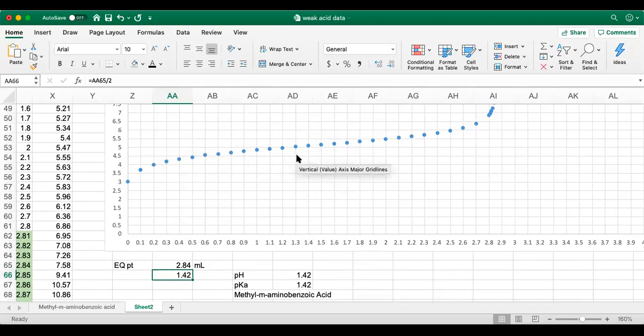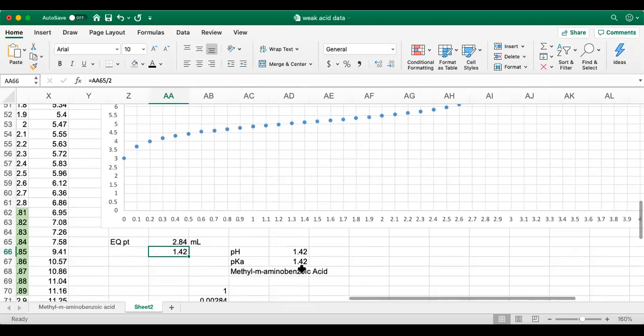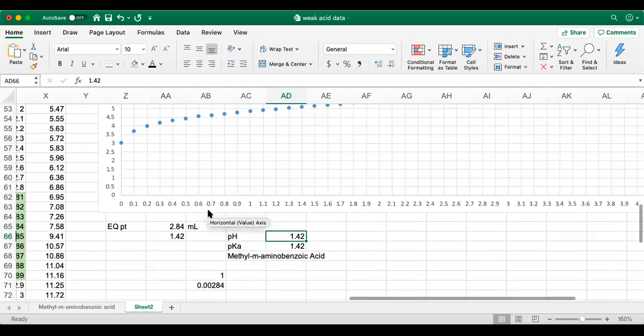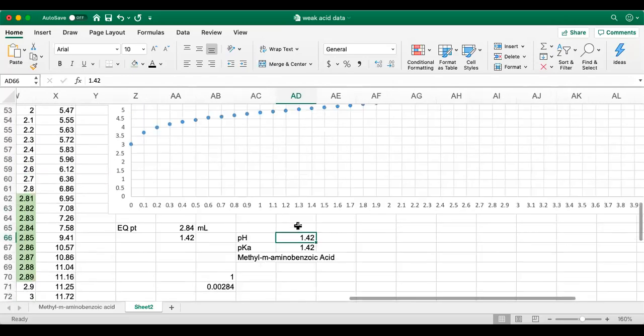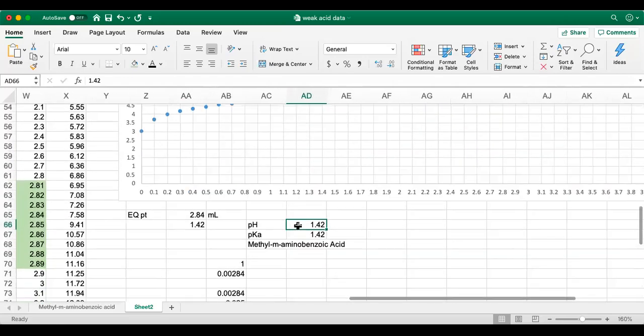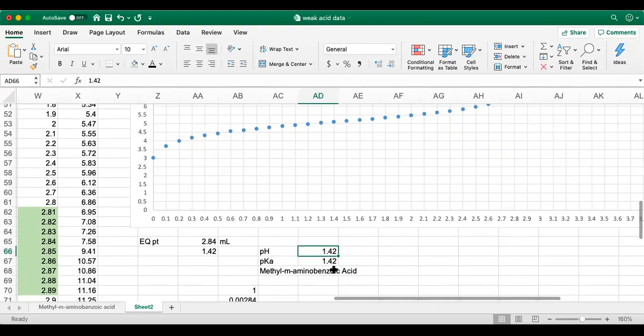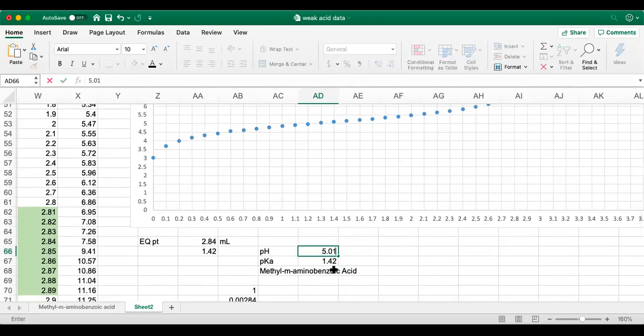we want to know what the pH is at that value. I don't think I typed that in right, but I think it's like 5.01.